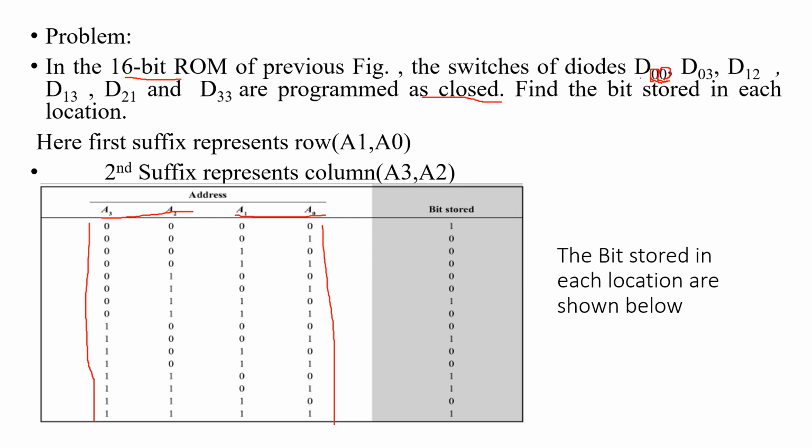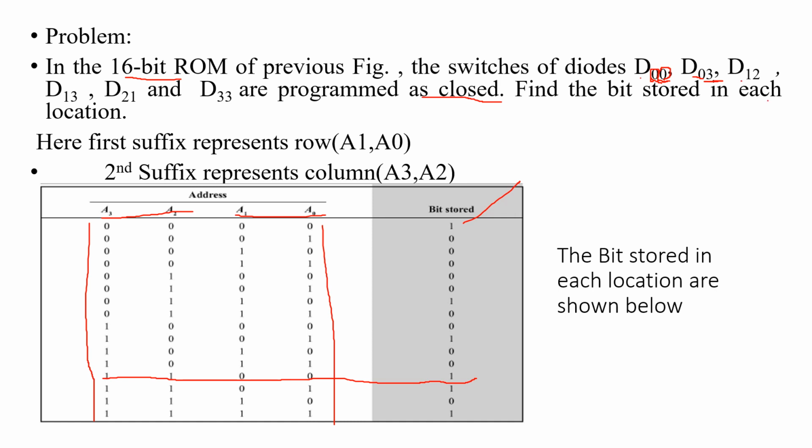For this combination, logic 1 is stored. For D03, A1, A0 is 00 and A3, A2 is 1, 1. So the combination is 1, 1, 0, 0. For this combination, logic 1 is stored.